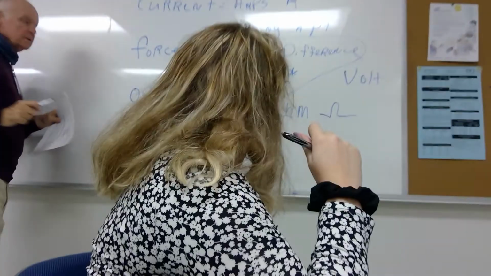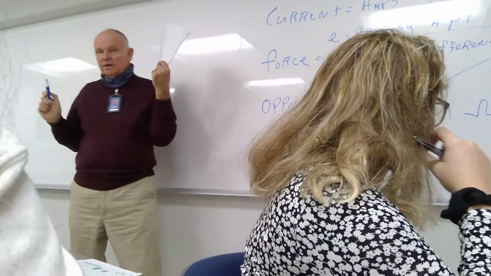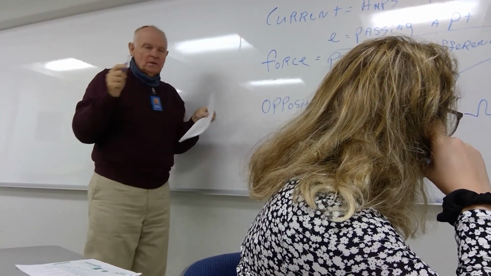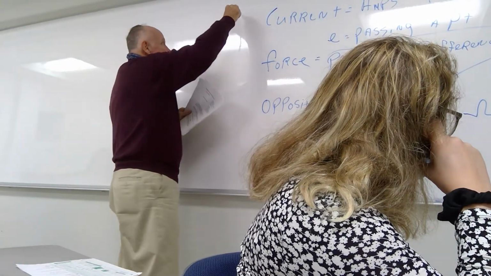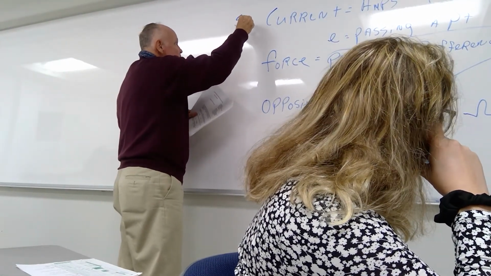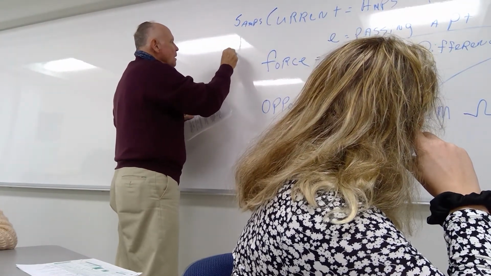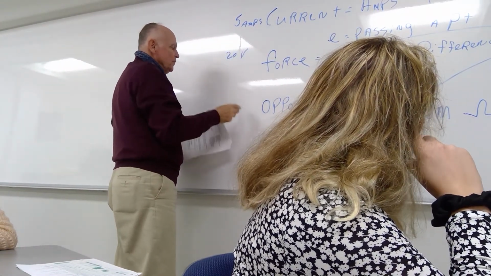We have a circuit, and I'm going to give you two, you have to solve for the third. Okay? So we have 5 amps, 20 volts.